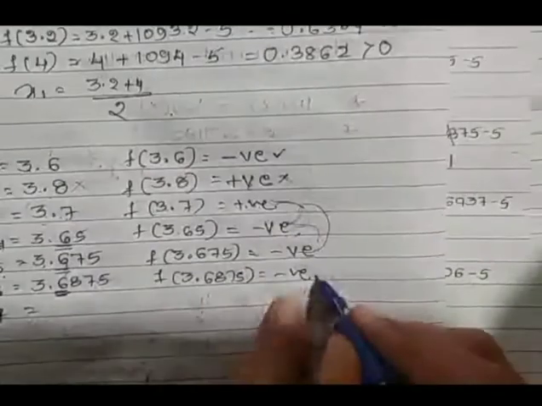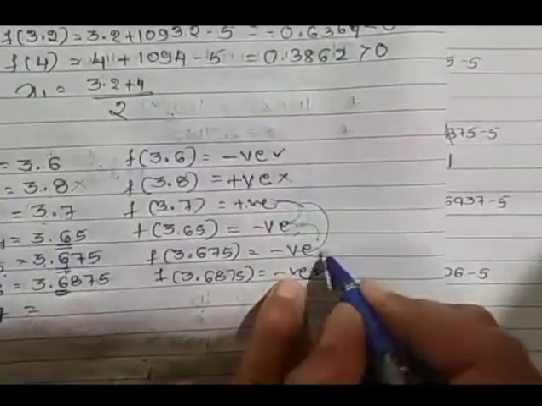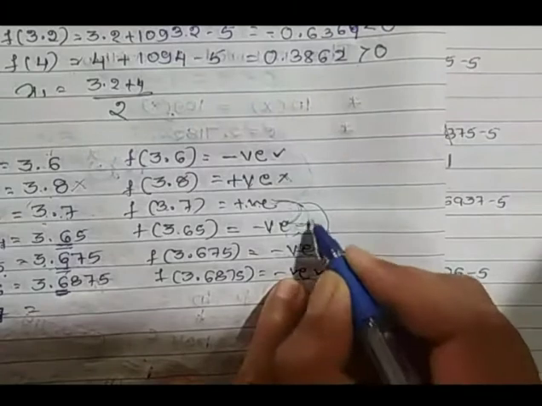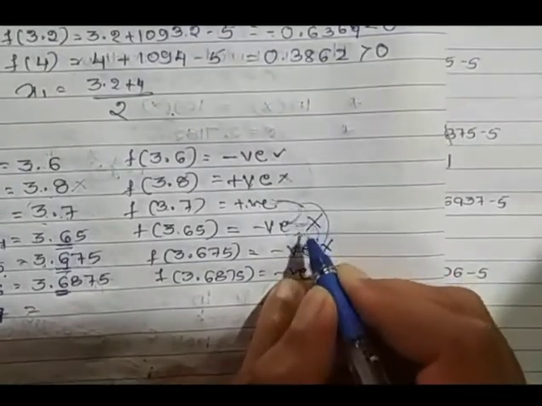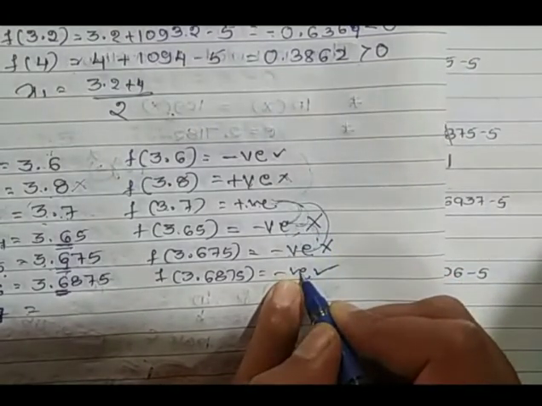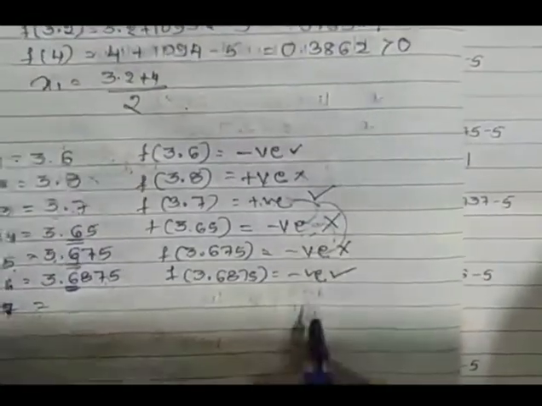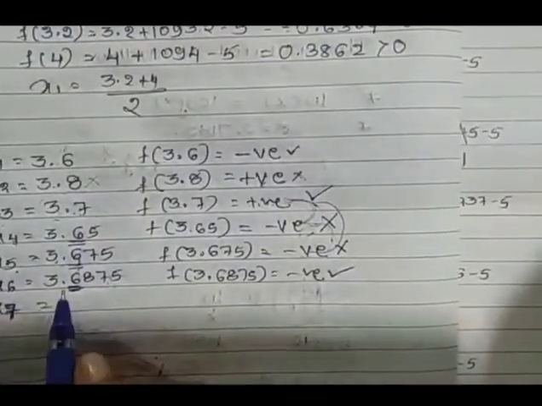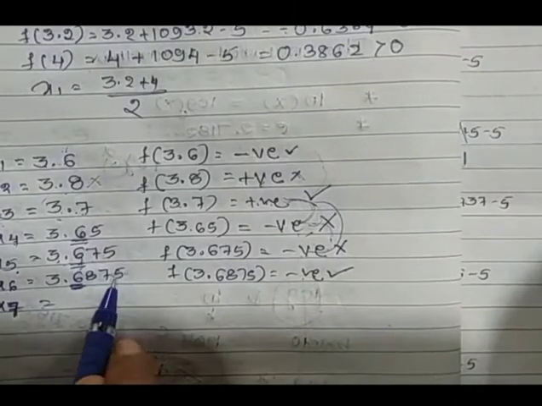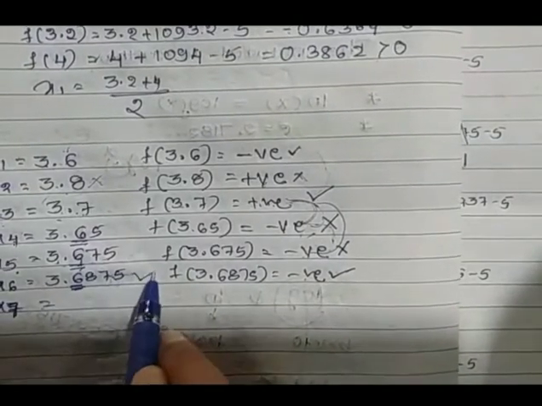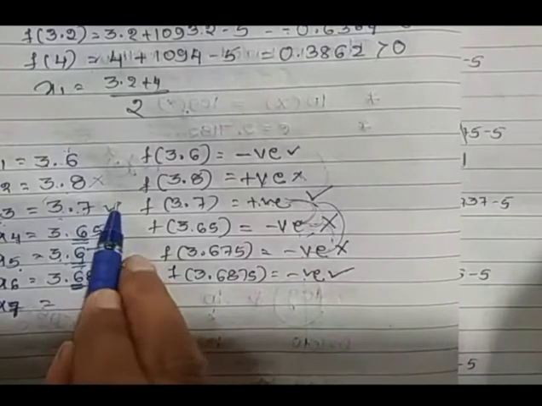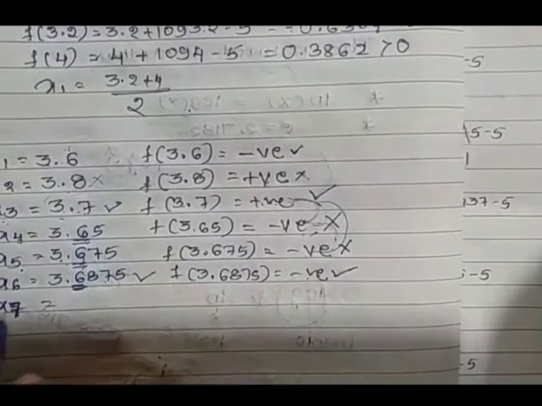One more negative we cannot consider. So along with this negative, consider this particular positive value. So this negative is for 3.6875. So consider this one and then 3.7.